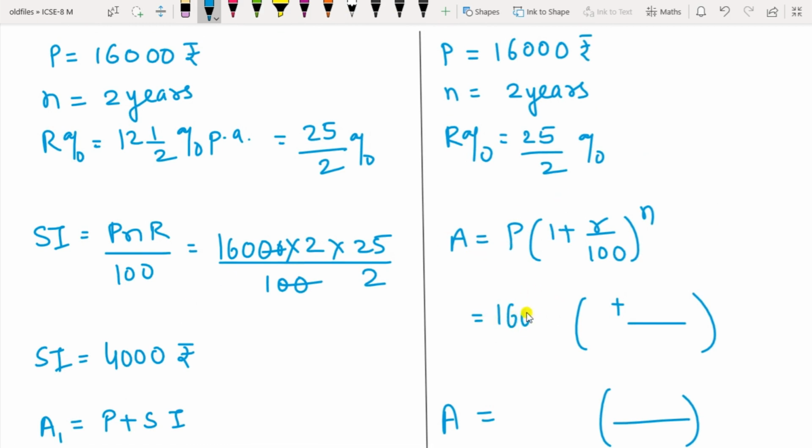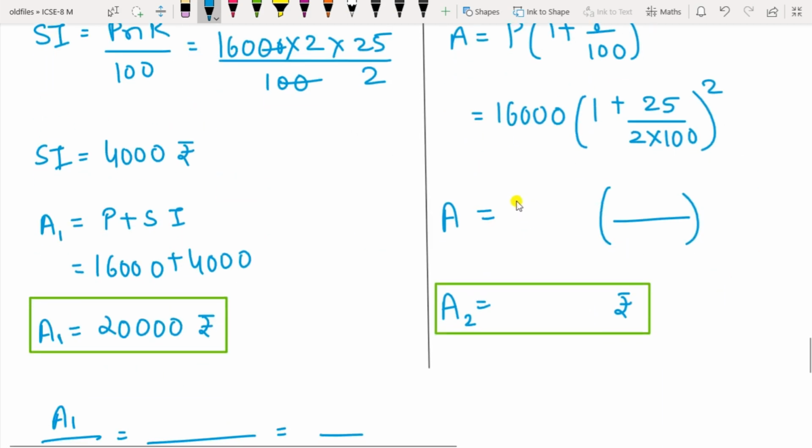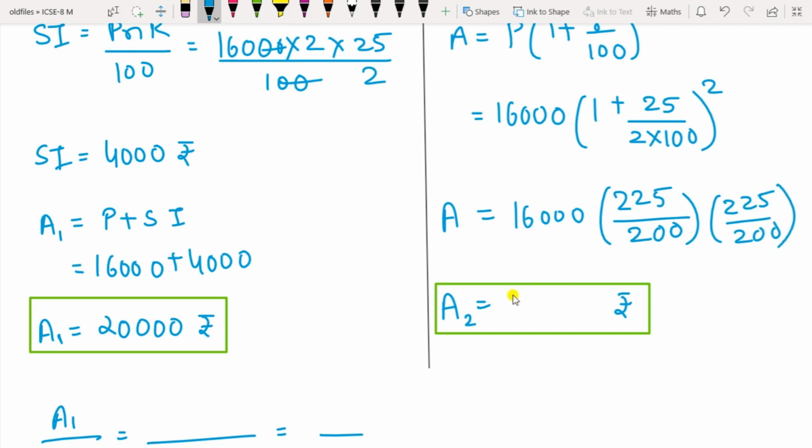So this will be 16,000, 1 plus R is 25 by 2 into 100 raised to n is 2 years. So this will become 16,000, and if you take this LCM here, this will be 225 upon 200 into 225 upon 200. Do the cancellation.